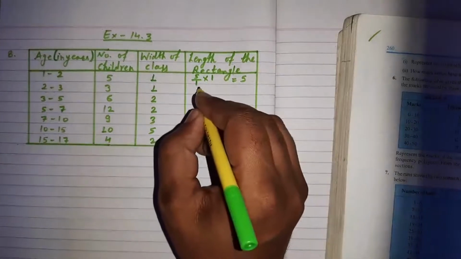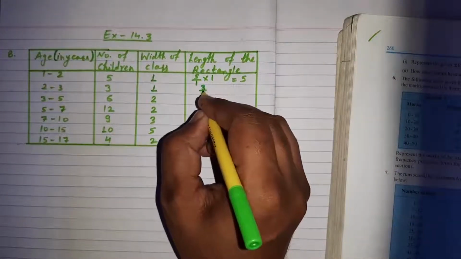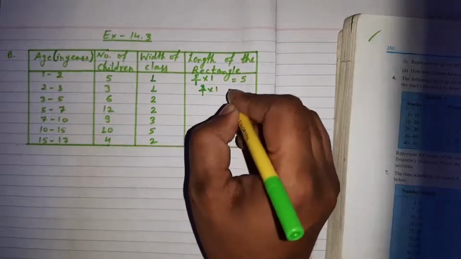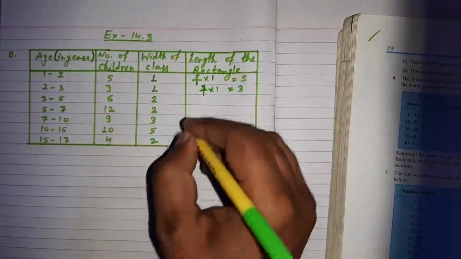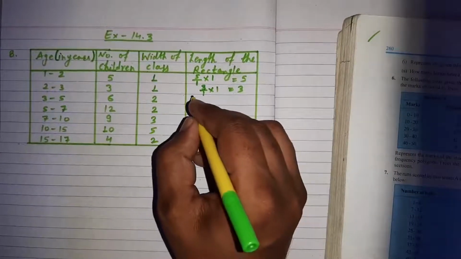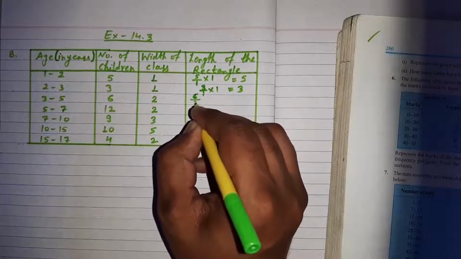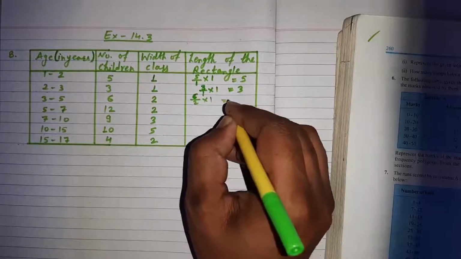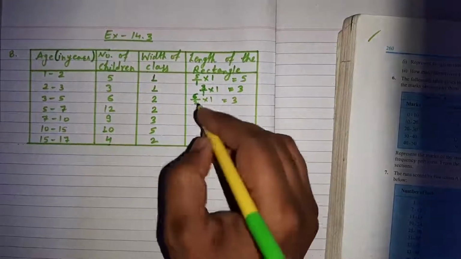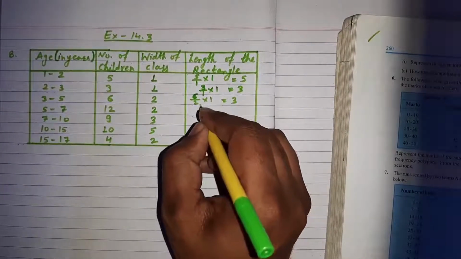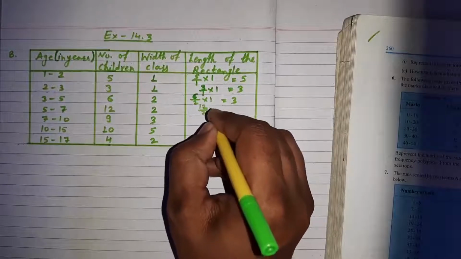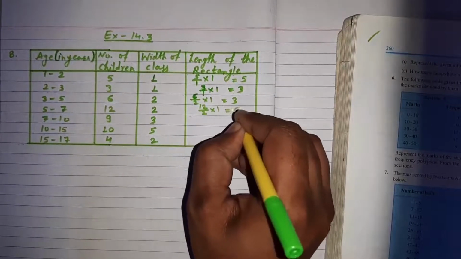Similarly for the second class interval, it will be 3 by 1 into 1, so it will be 3. For the third class interval, it will be 6 by 2 into 1, so it will be 3. For the next class interval, 12 by 2 into 1, it will be 6.